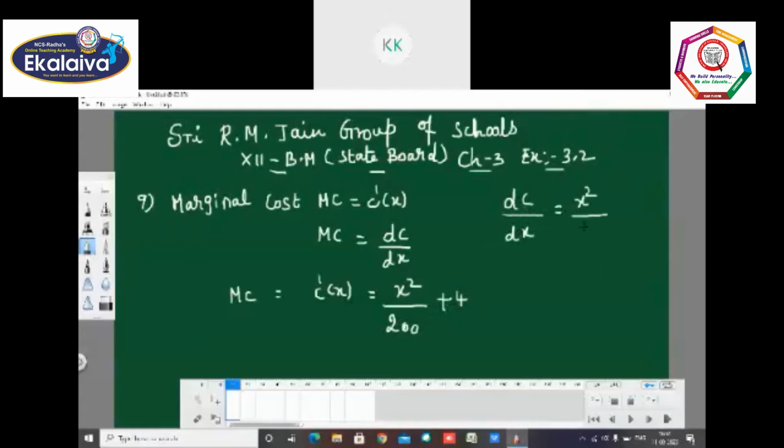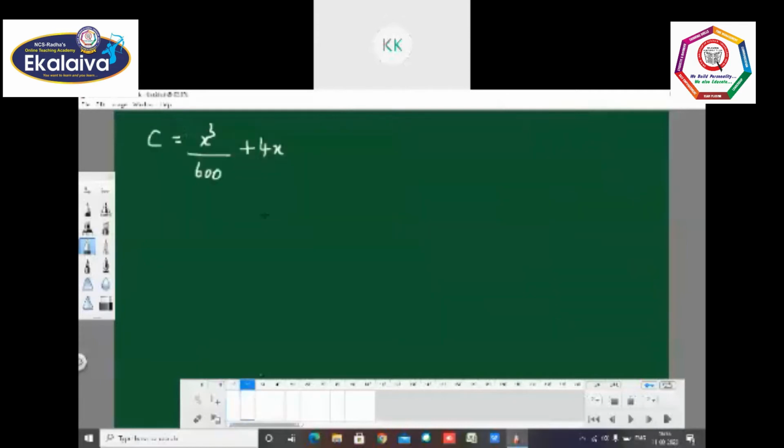So you will write dc by dx equal to x square by 200 plus 4. Then dc equals x square by 200 plus 4 into dx.